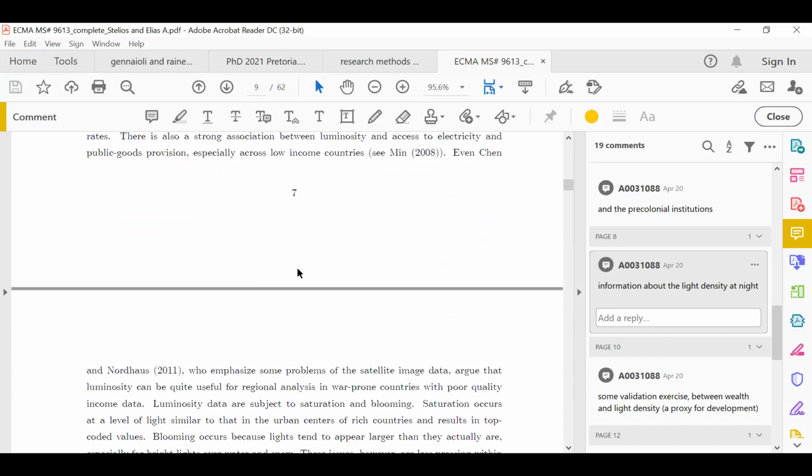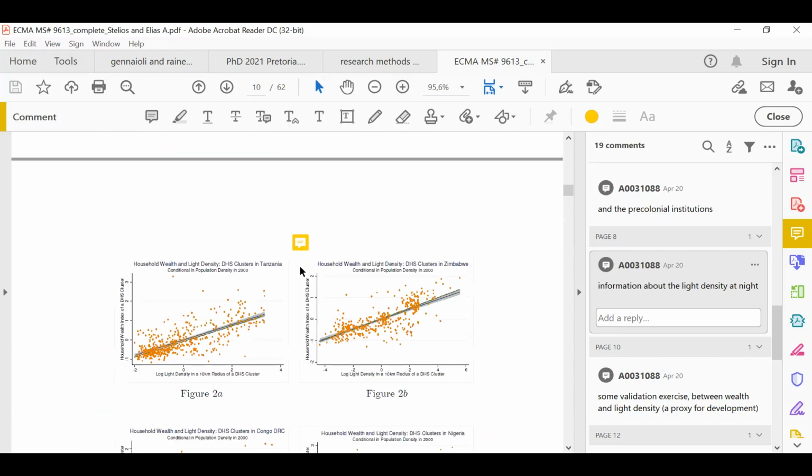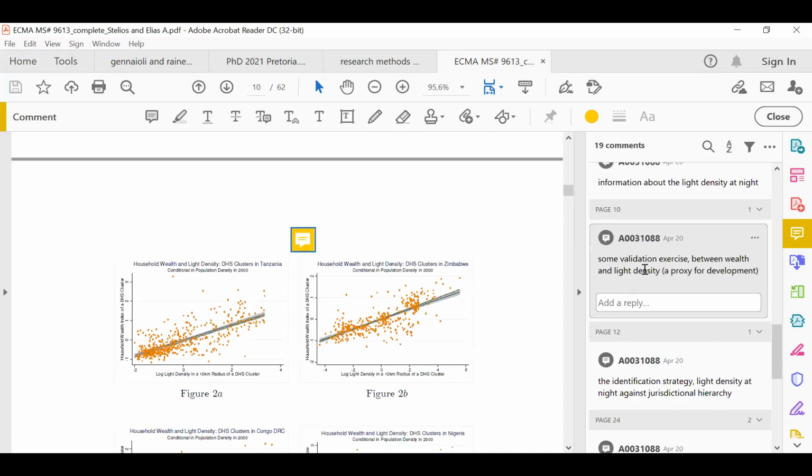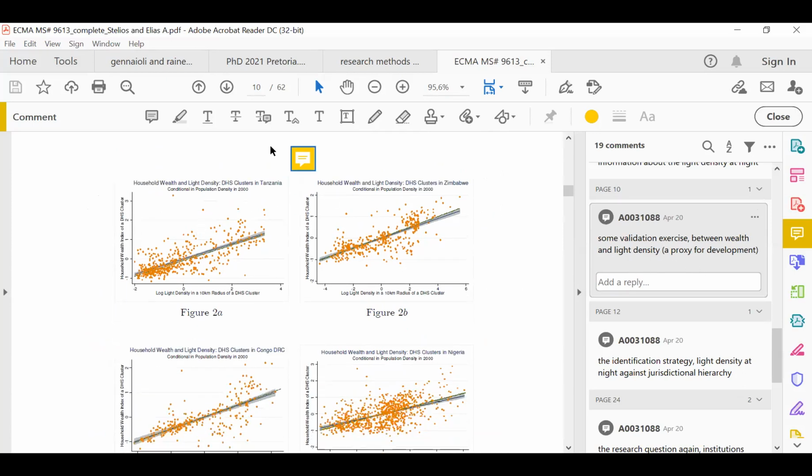What else I found interesting? There we go. Let's see what is that. Some validation exercise between wealth and light density, a proxy for development. So what they are doing here, folks, they are essentially correlating the light density on the horizontal axis against household wealth, right?